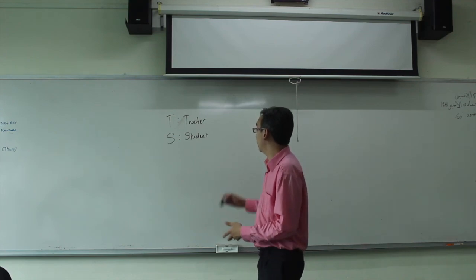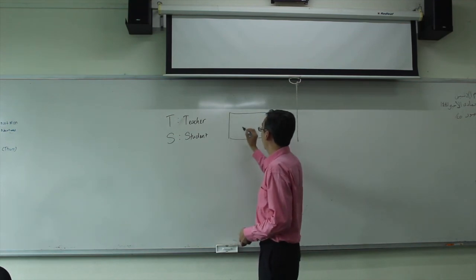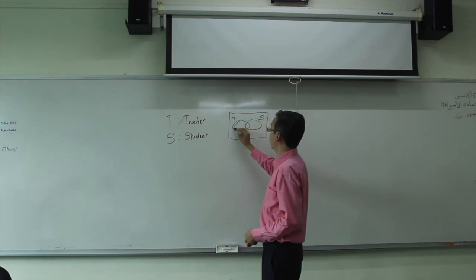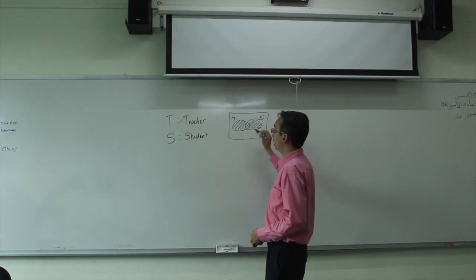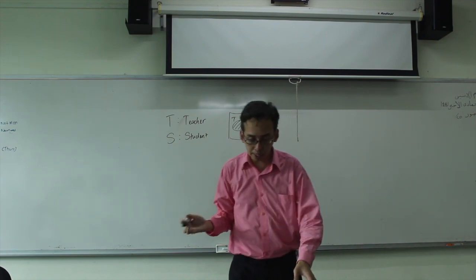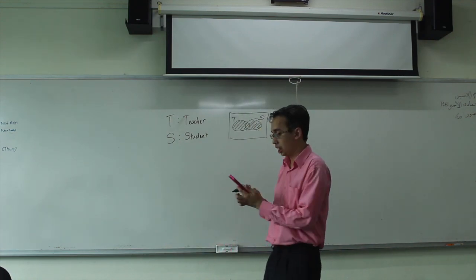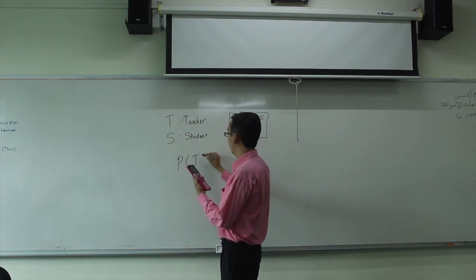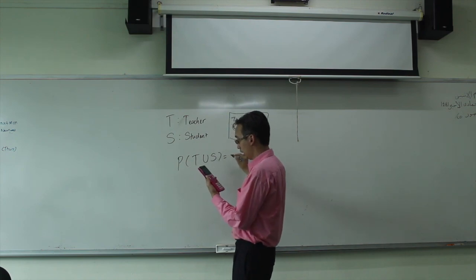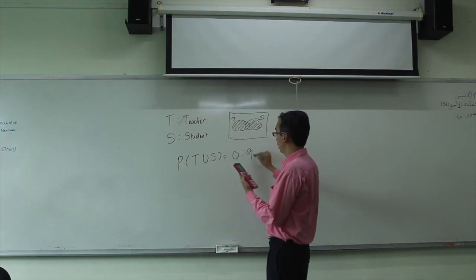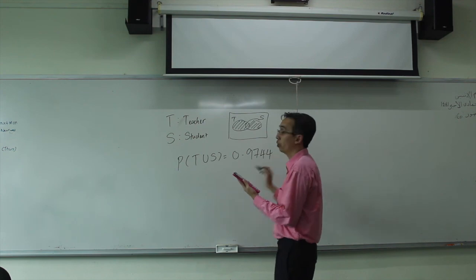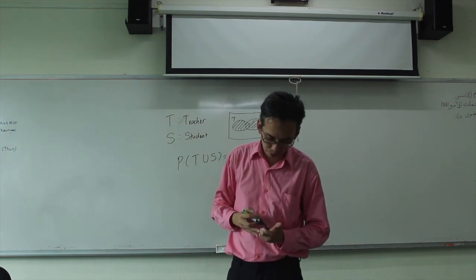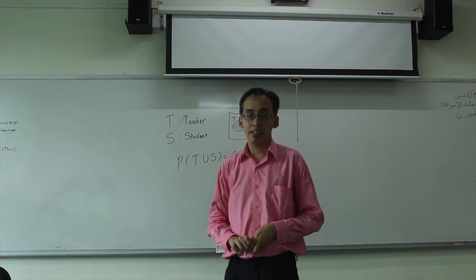In the Venn diagram, what we are interested in is everything within the circles. We have actually calculated that earlier. That probability is probability T union S, which is 0.9744. So we are done for question 4. Thank you very much.